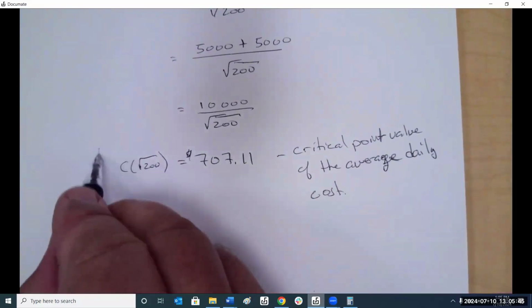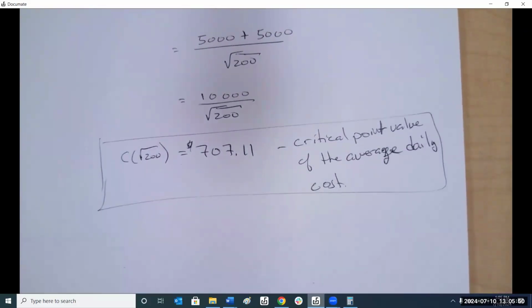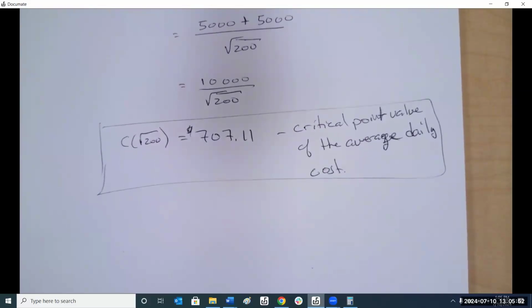That's what that first one says. So that's the average cost of... No, yes, that's the average daily cost to order it, store it, and make it for everything.